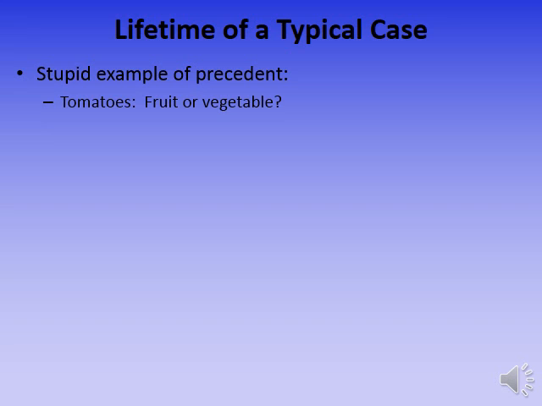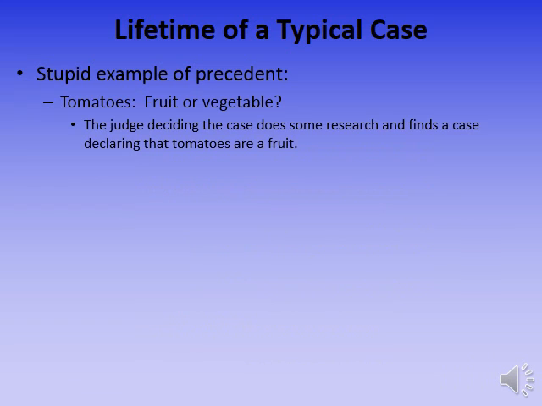But anyway, let's say that we have a court case that hinges upon the decision legally: is a tomato a fruit or a vegetable? Well, let's say that this issue is before the court, and the judge who is deciding the case, being the conscientious judge that he is, does some legal research and finds a case from earlier, let's say 30 years ago, and that decided that, in fact, tomatoes are a fruit.